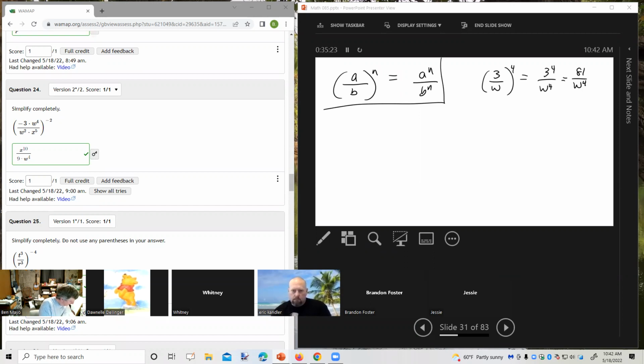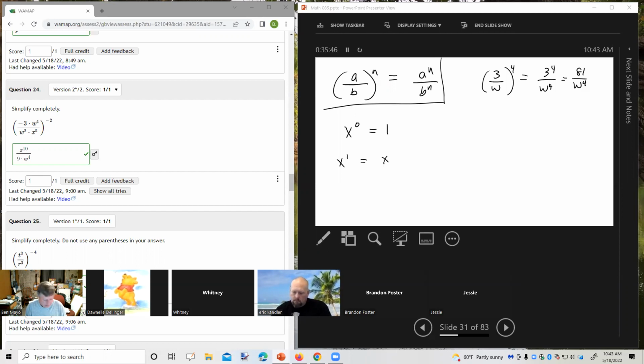Okay. Let's see. Some of the shorter rules. A base raised to the 0 power equals 1. And a base raised to the 1 power is the same as the base without writing any exponent. In other words, if there's no exponent written, it's got an implied 1 as an exponent.